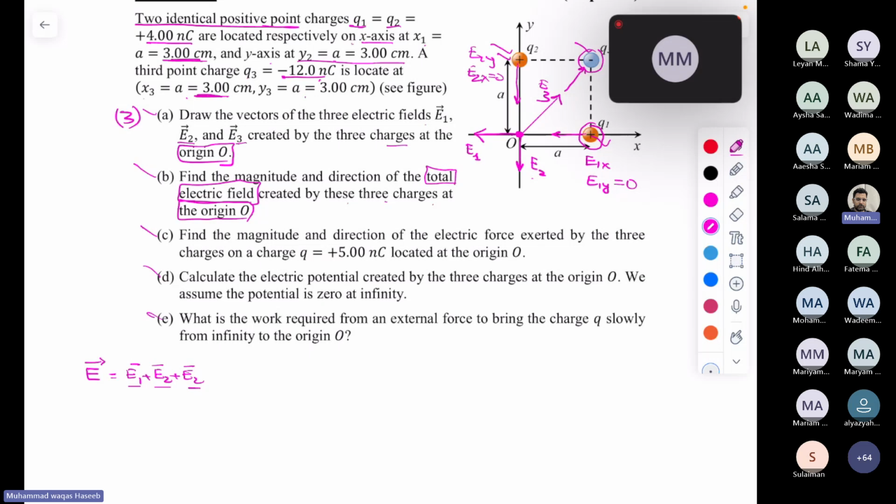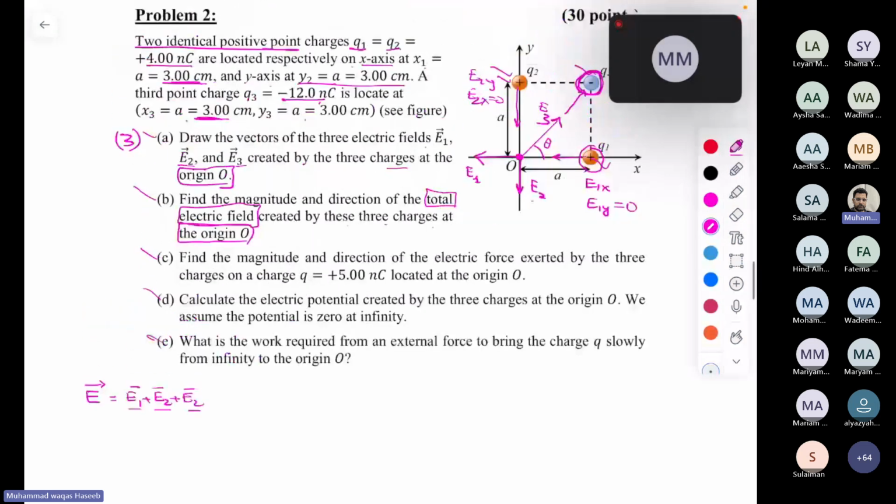But this third charge has both x and y components. It makes an angle theta with the x-axis, so it has both an x component and a y component.